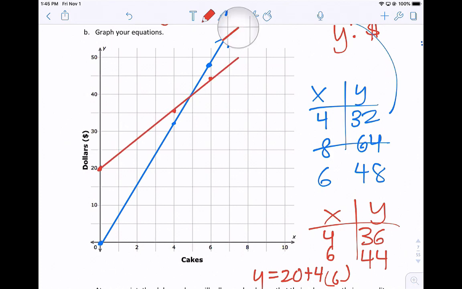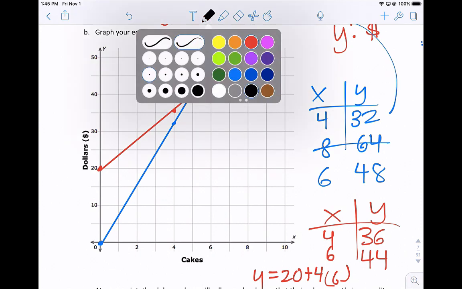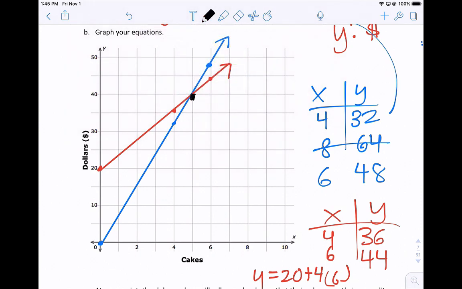Okay. That line's not great. Okay, so if we're looking for a point of intersection, it appears to be about right here. And so that would be at 5 cakes. They both cost $40.